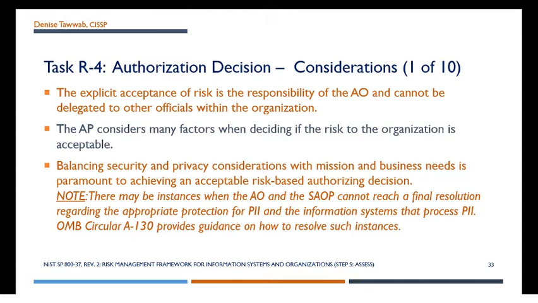There may be instances when the authorizing official and the senior agency official for privacy cannot reach a final resolution about the appropriate protection for PII, that's your personally identifiable information, and the information systems that process that PII. In that case, OMB Circular A-130 provides guidance on how to resolve such instances. So keep that in mind, because oftentimes, a lot of times, privacy and security are at odds with each other.